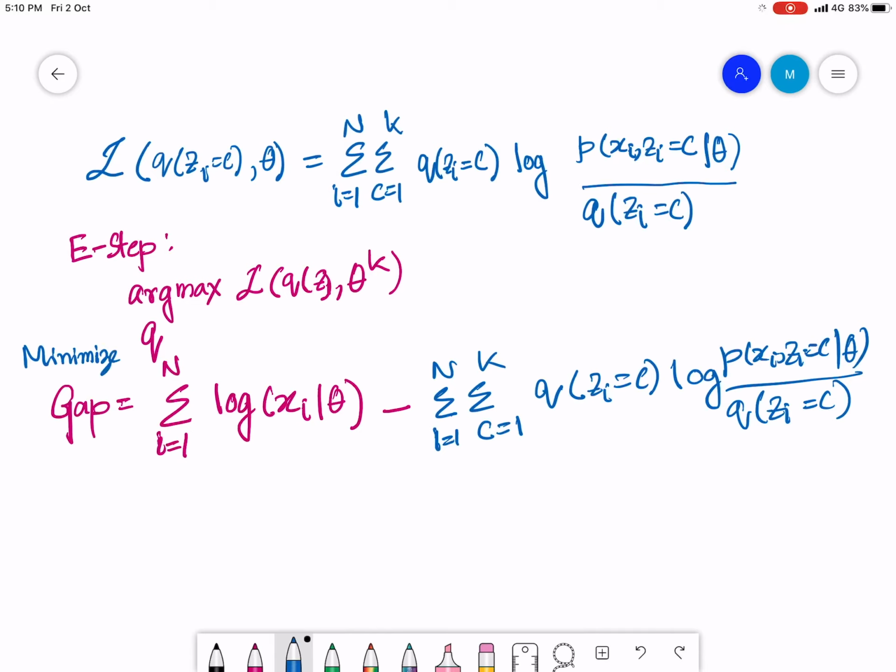Let me do a little bit of algebraic manipulation.